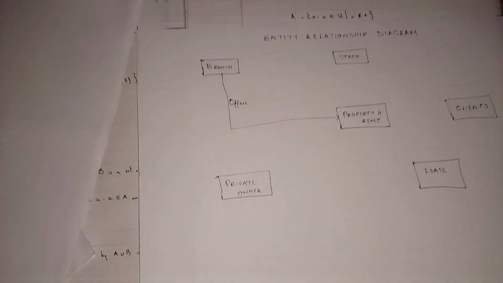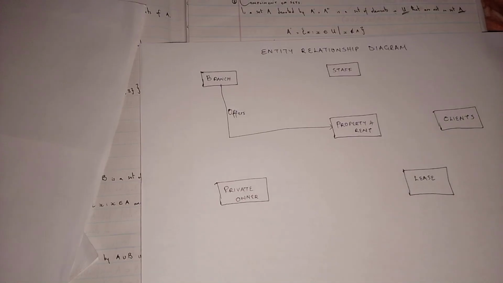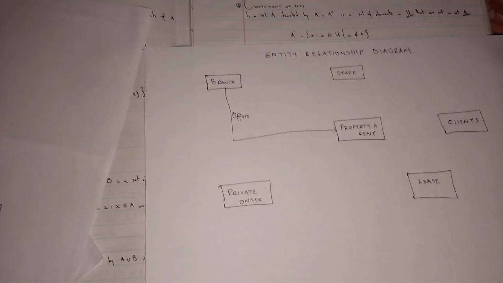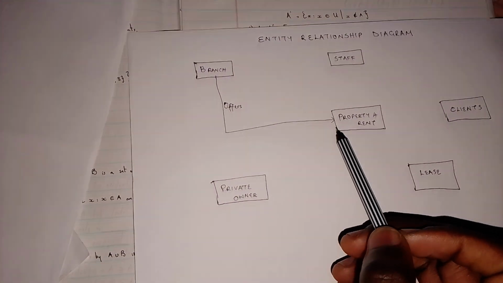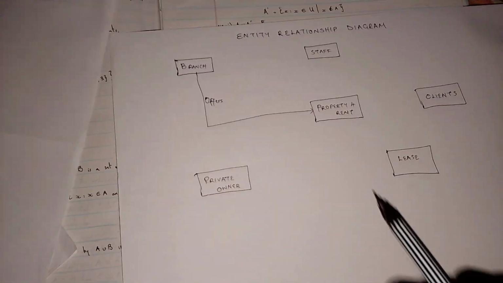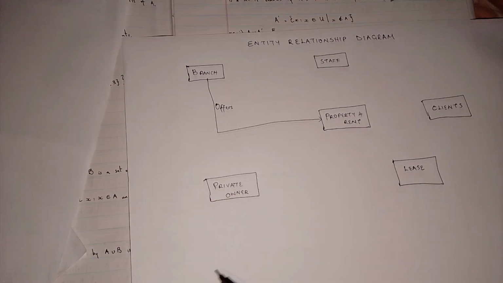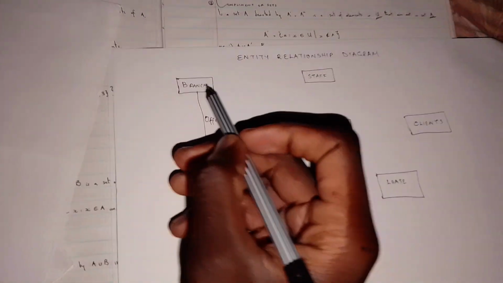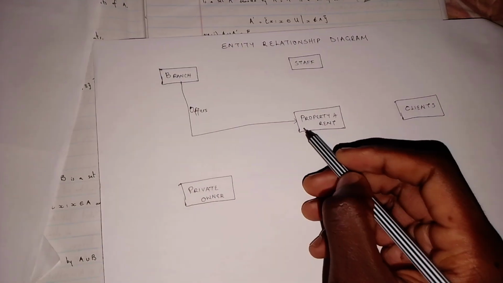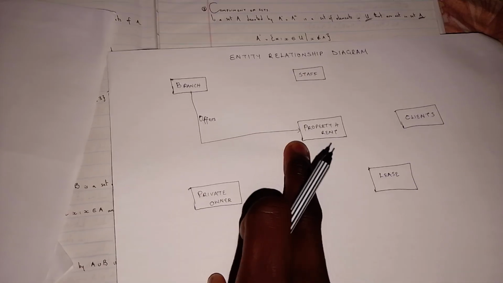A branch can offer many properties, but each property can be offered by one branch.